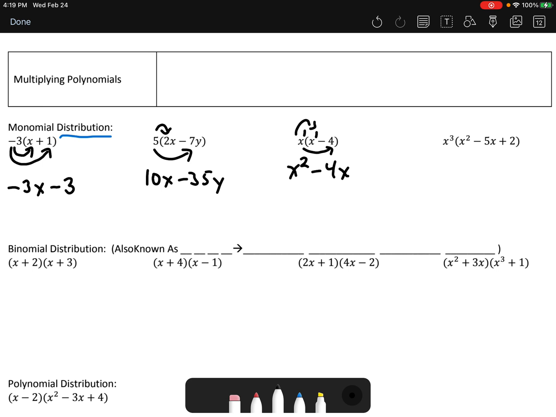Now if I just take x times negative 4, I get negative 4x. On this one, it's x to the 5th minus 5x to the 4th plus 2x to the 3rd. Now take your time and look through that and make sure you understand that we're just adding the exponents and multiplying the coefficients.